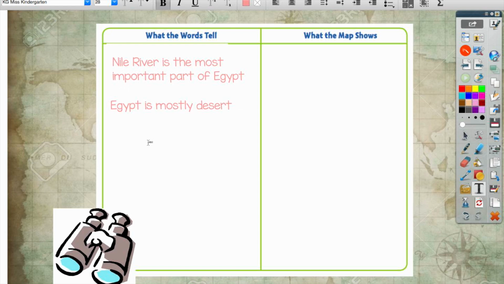Another fact that they mention in the story that I want to include on my chart is that the cities started near the Nile River. And last but not least, I want to include that the river brought people together.